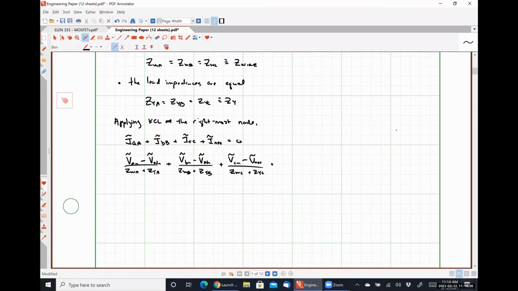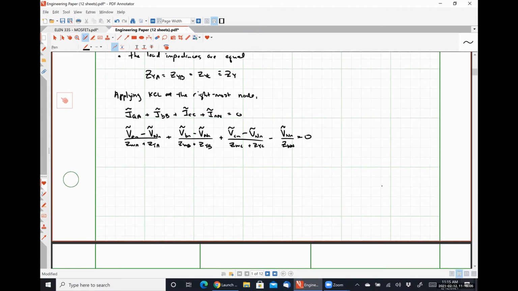So instead of having plus here, I should have minus. Sorry, and I realized I messed up the subscripts there. Capital N little n minus V capital N little n divided by ZWN is equal to 0.